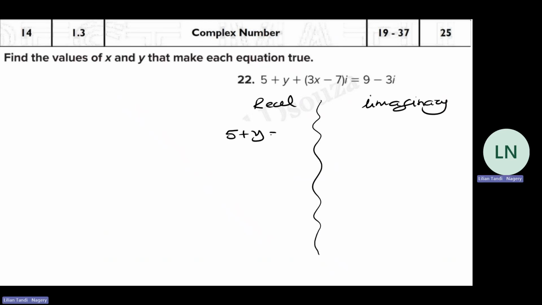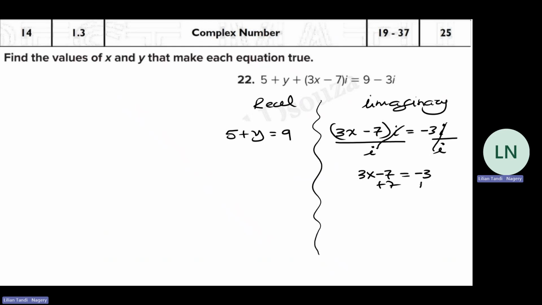5 plus y equals 9. 3x minus 7i equals negative 3i. Divide by i, the i's go. 3x minus 7 equals negative 3, plus 7, plus 7. 3x equals 4.